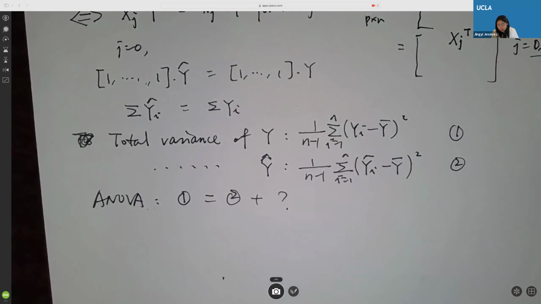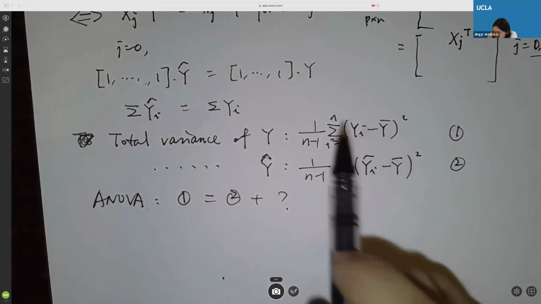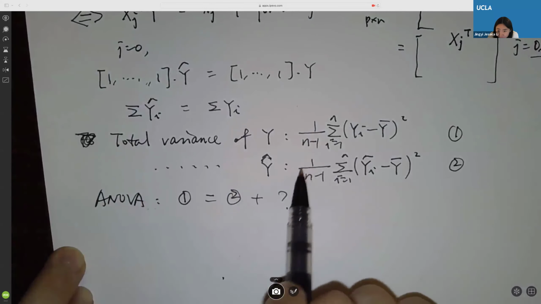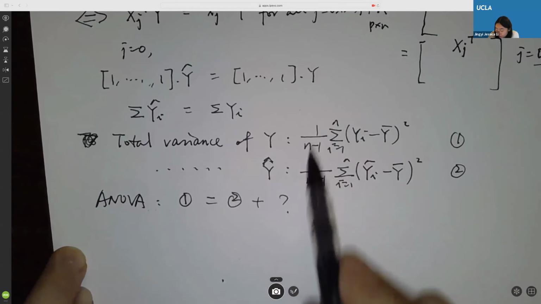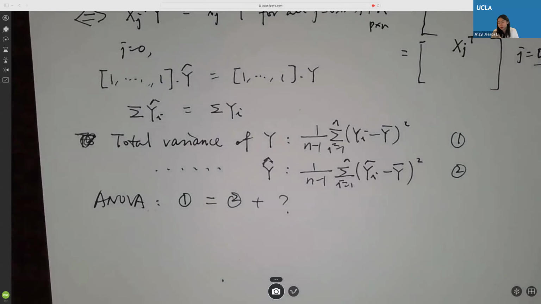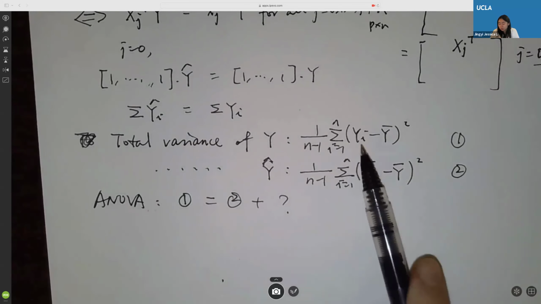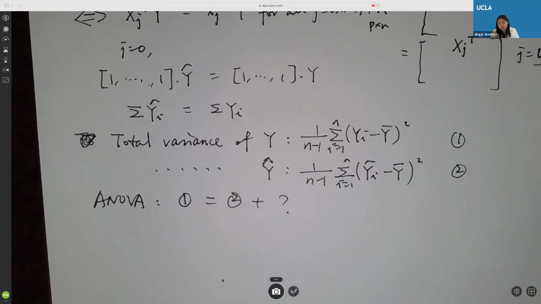Any ideas? So if I just drop this common 1 over n minus 1, because it's the same thing for both terms, just related to sample size, I only work with the two sums.